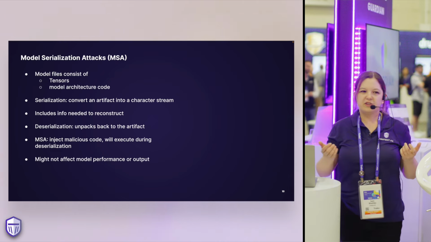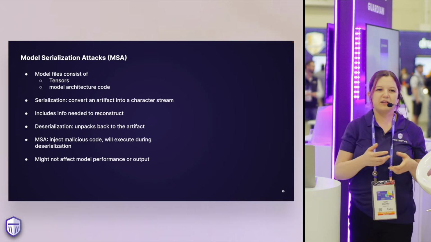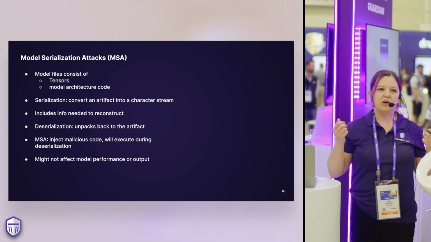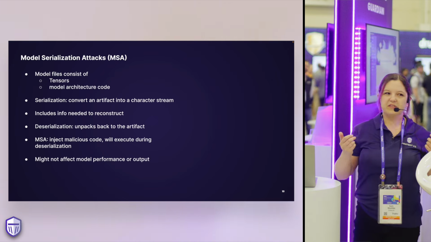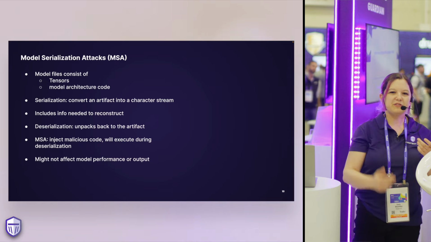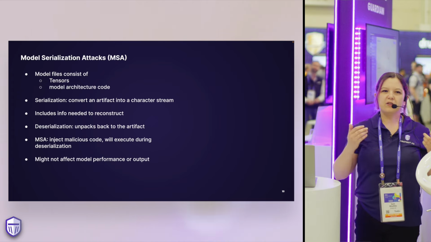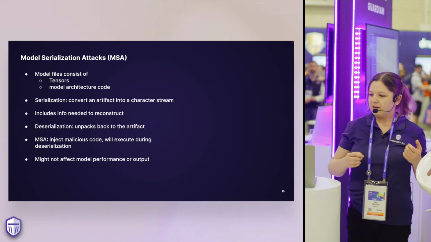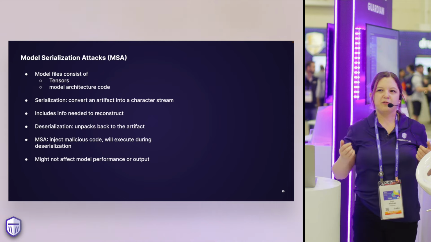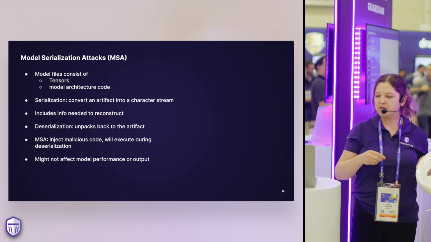So serialization is just the process of converting an artifact that's in memory into a character stream. And for machine learning models, this is going to consist of tensors, which are like the big vectors of the weights of each layer, and the model architecture code. And the serialization format needs all of the information that is needed to reconstruct the model.